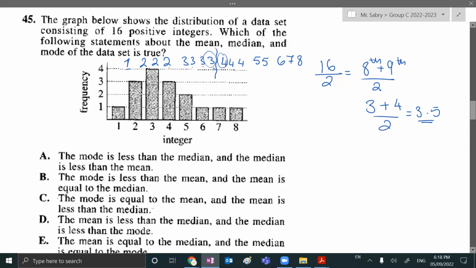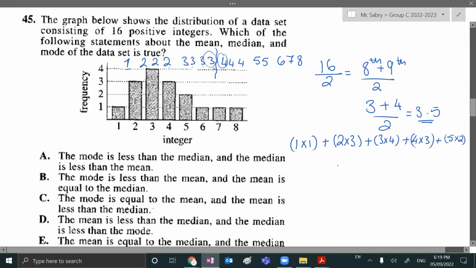Okay, what about the mean? For the mean, you just have to multiply each one of those by its frequency. So plus 2 times 3, plus 3 times 4, plus 4 times 3, plus 5 times 2, plus 6, plus 7, plus 8, because they are repeated once each, and all of this is divided by 16.